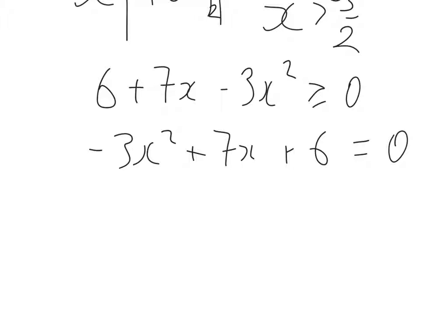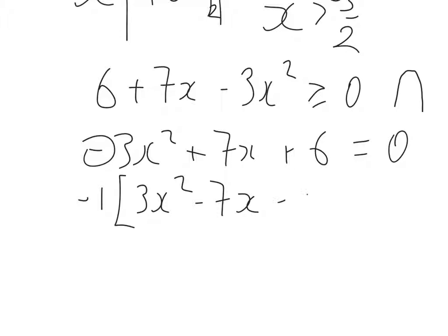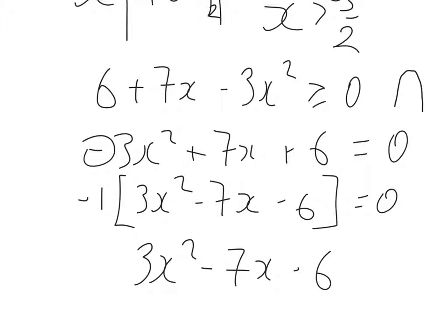Now it's a negative x squared, so it's going to be an upside down U-shaped parabola. I can then take out a common factor of minus 1 so that it becomes easier to factorise. I can then divide through by minus 1, and that will leave me with 3x squared minus 7x minus 6 is equal to 0.